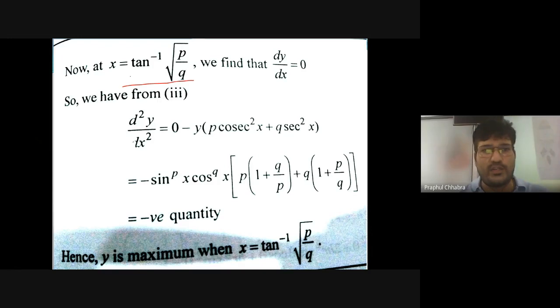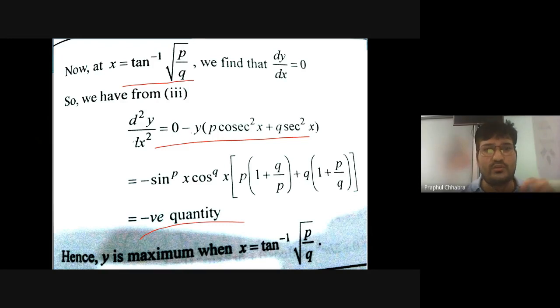So if we are putting x is equal to tan inverse under root p upon q in the second order derivative, which we earlier evaluated, we obtain the second order derivative is negative.